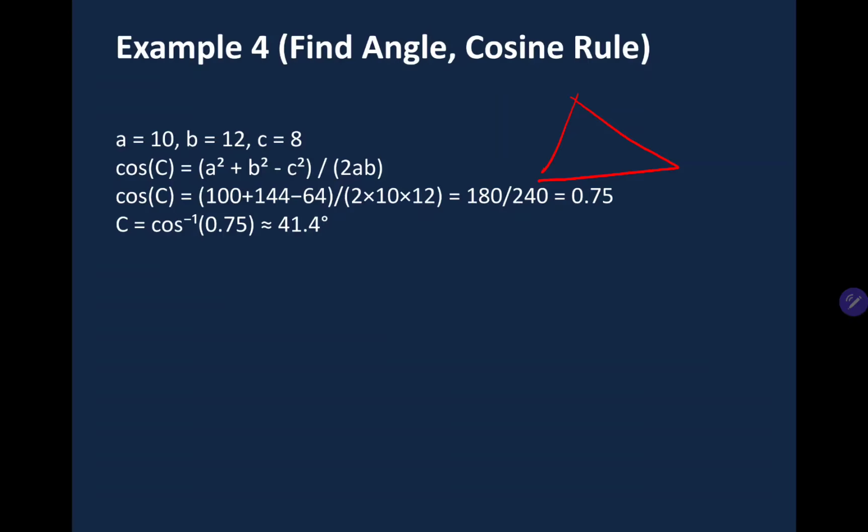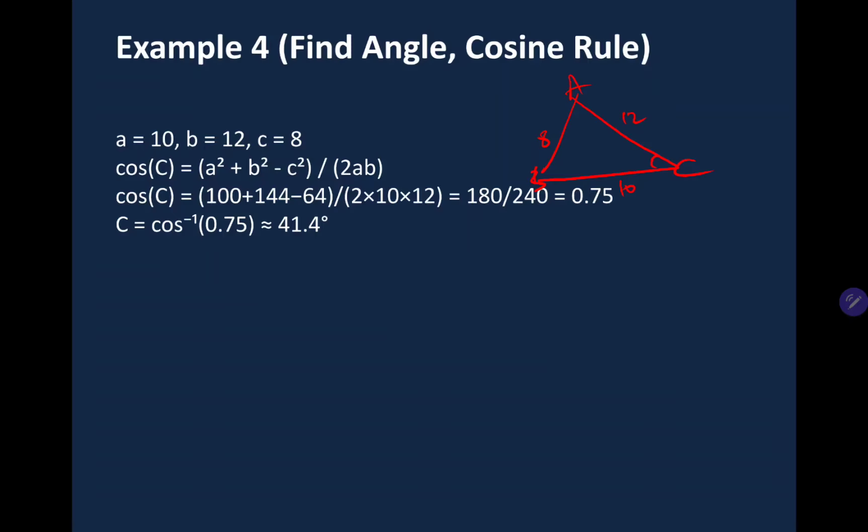Our triangle is A, B, and C, and we are told that side a is 10, side b is 12, and side c is 8. So we have all three sides. We do not have any angle given, so we're told to find cos C. Cos C will be this angle.